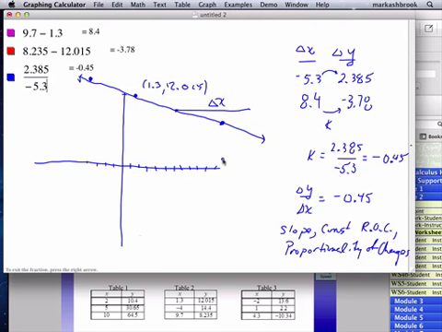Will the change be negative 0.45? No. What will it be? Negative 0.45 times the change. Yeah, so remember it's relative size. The relative size of change in y is always negative 0.45 of the change in x. That's what that number means. So x changes this much, y will change by negative 0.45 of that, or negative 0.45 times delta x.